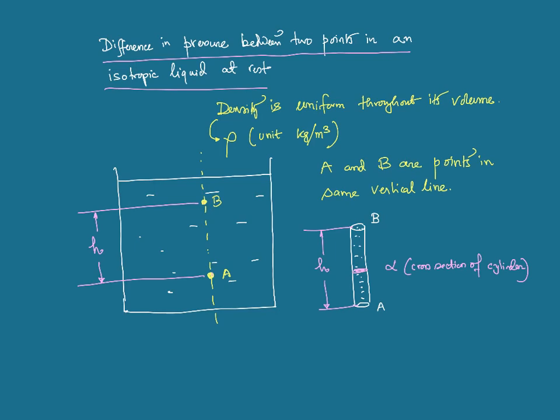From the top part, the thrust force is PB into alpha. From the bottom part, the thrust force is PA into alpha, and the weight is H alpha rho g, if rho is the density of the liquid.